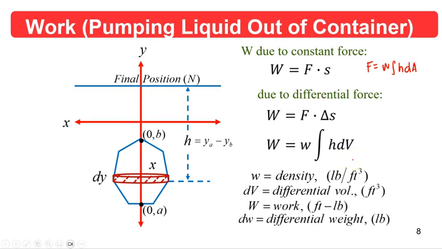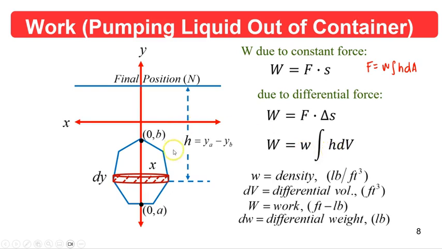So let's take this for example. You have a certain tank wherein you have a liquid inside. You want to pump out the liquid to a certain final position N. So the work done in pumping the liquid to a certain position N would have the formula W equals the density times H dV.